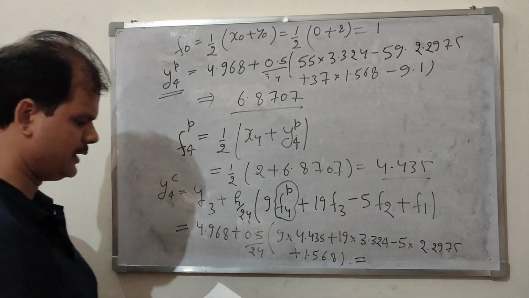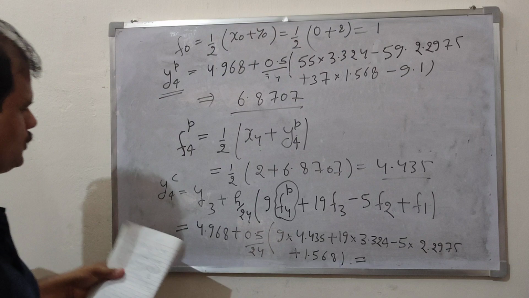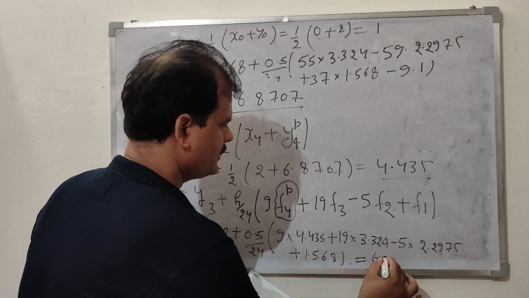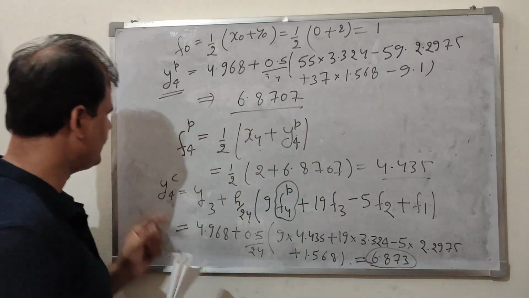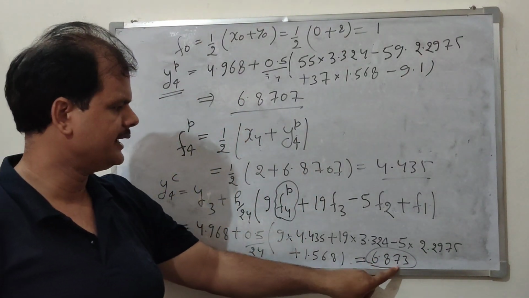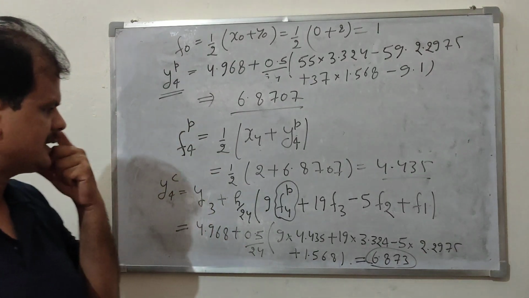If you simplify using the calculator, we get 6.873. So your y4c is 6.873. This is your answer.